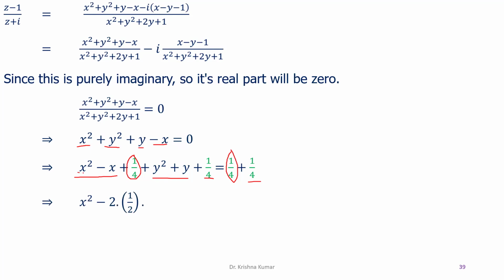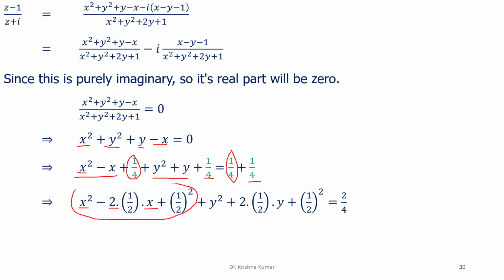Now it can be written as x square minus 2 into 1 by 2 into x plus 1 by 4, and 1 by 4 can be written as (1 by 2) whole square. So here it is x square minus 2 into 1 upon 2 into x plus (1 upon 2) whole square. This is nothing but (a minus b) whole square, meaning (x minus 1 by 2) whole square. Similarly, the second part is y square plus 2 times 1 by 2 into y plus (1 by 2) whole square, and on the right side 1 by 4 plus 1 by 4 is 2 by 4.